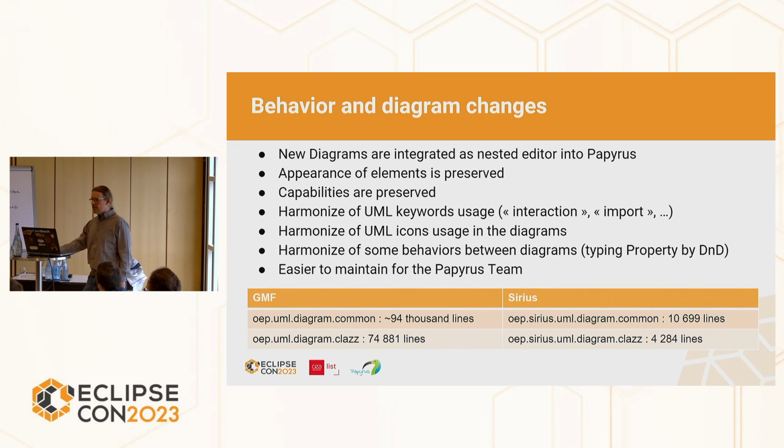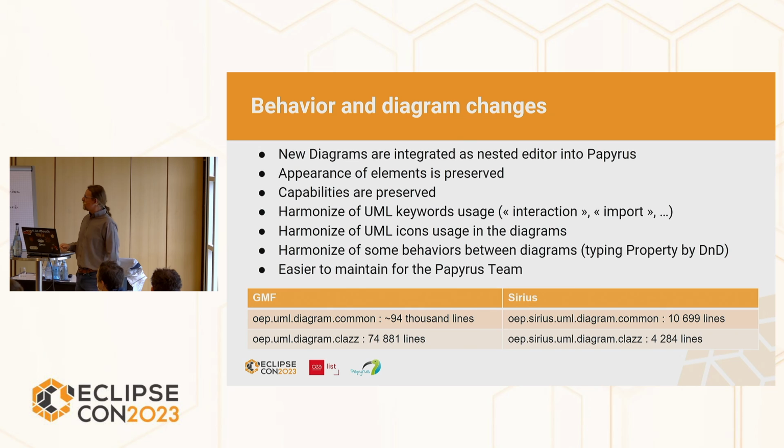We also harmonized the usage of icons in all diagrams, because before some diagrams used icons, some others didn't. And we harmonized some specific behavior between diagrams, like typing a UML property by drag and drop of a type from the Model Explorer on it.